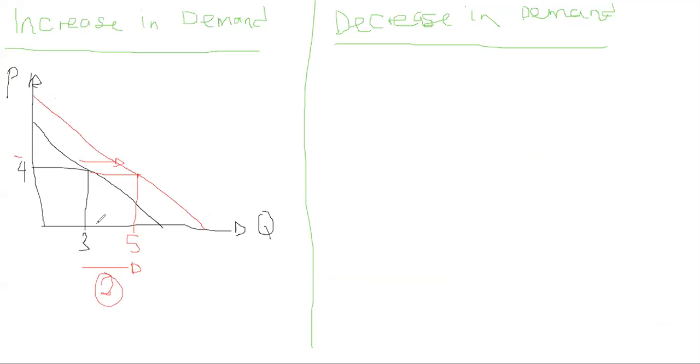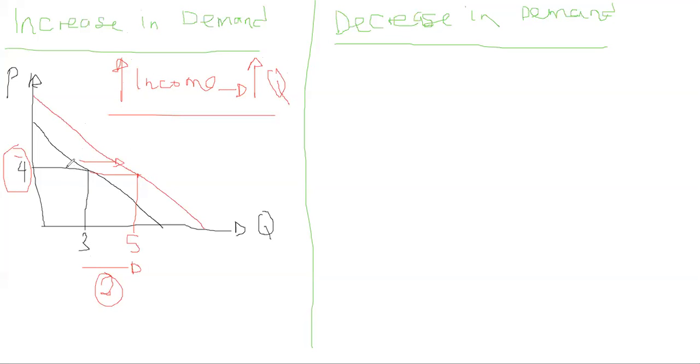So the change in demand is not due to price, but it could be due to what? Increase in income. So maybe because income increases, and that leads to what? A shift in the demand curve, which leads to an increase in quantity demanded from 3 to 5. So this is what we mean by increasing demand.